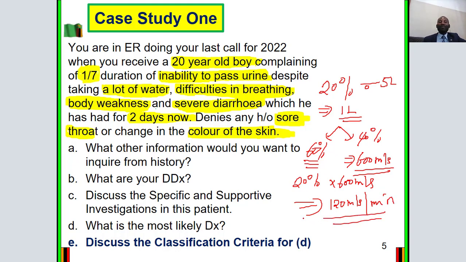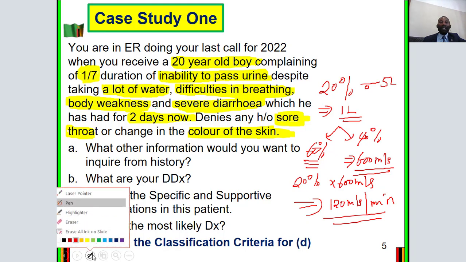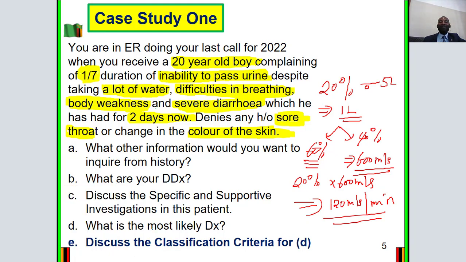And this is what we are calling glomerular filtration rate. Hope, dear friends, we are following. This is what we call glomerular filtration rate. So this is the link, and that's why this is compromised.